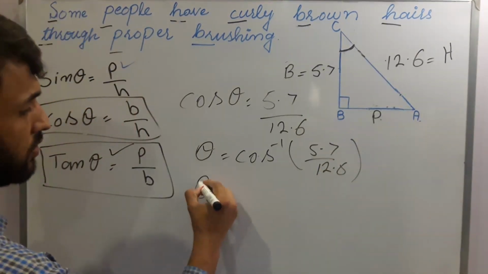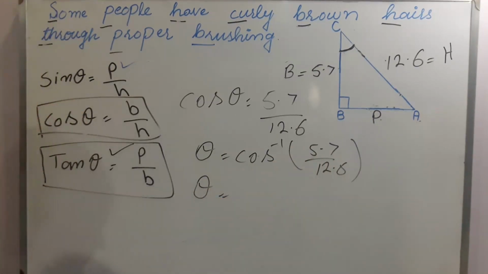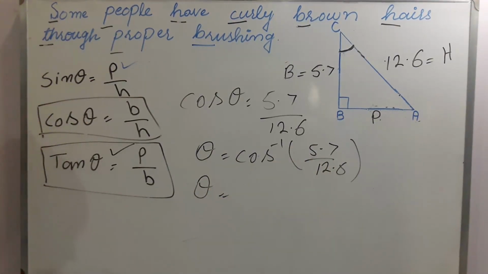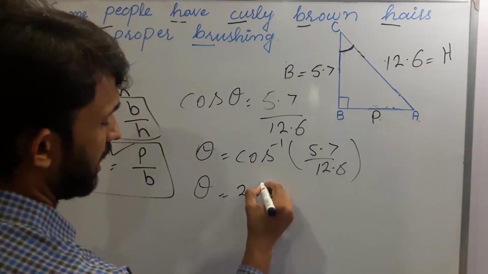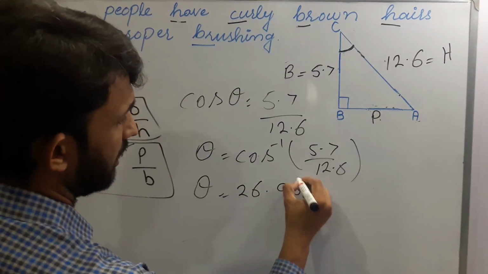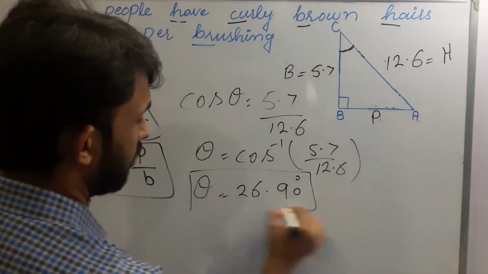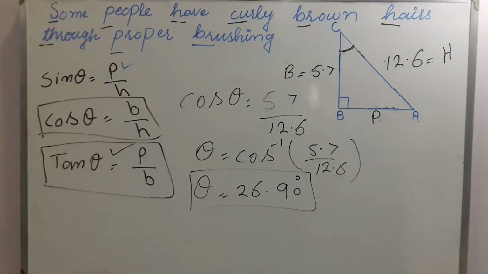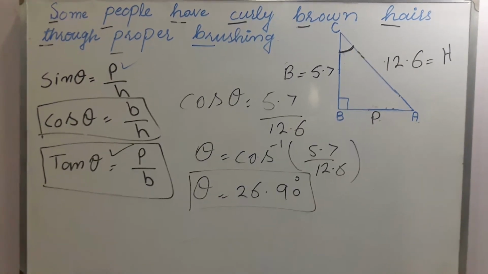Okay, now you just have to simplify with the calculator, and the final answer will be approximately 26.90 degrees. Okay, that's your theta. This is the second type, when we have base and hypotenuse and we have to find the angle. So we will use cos theta.